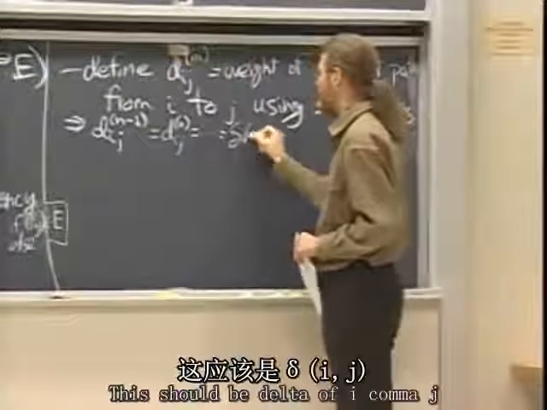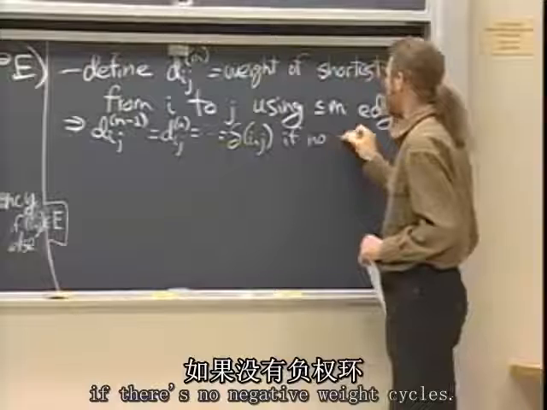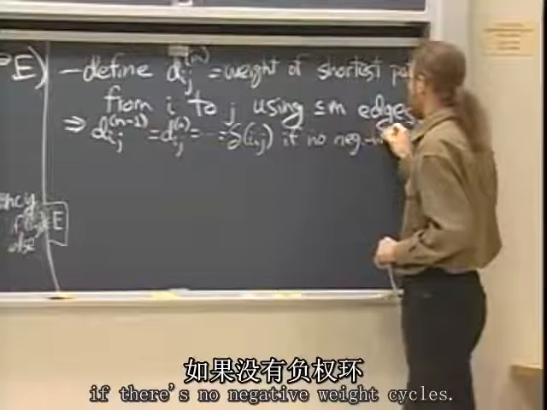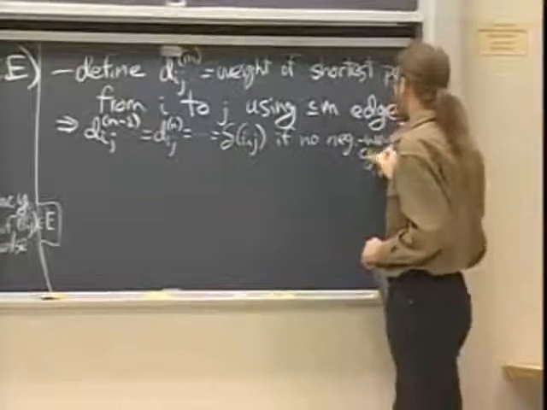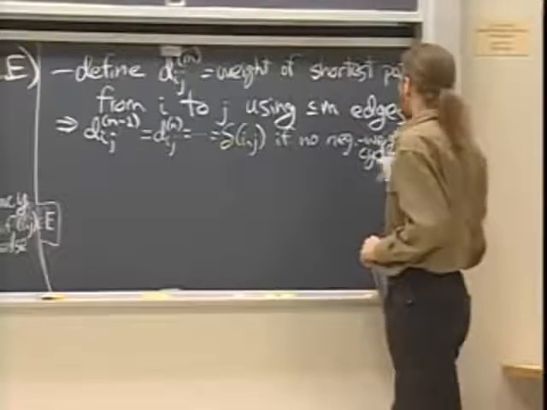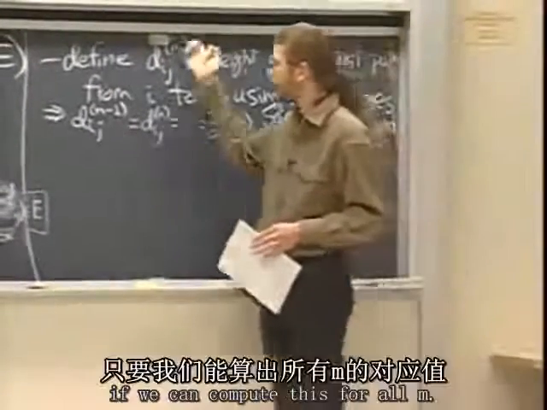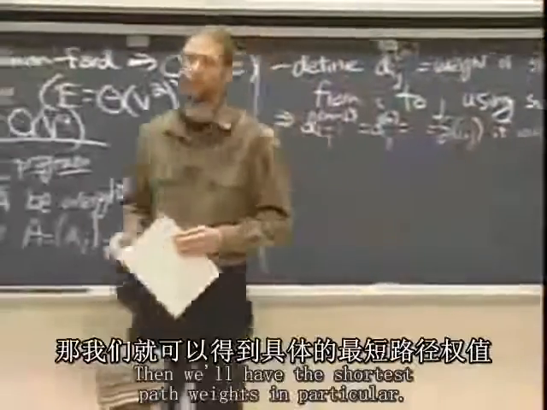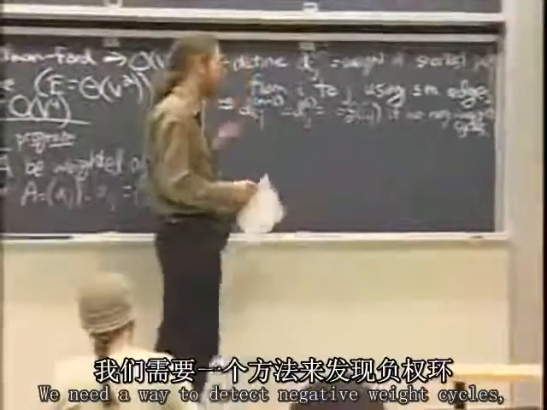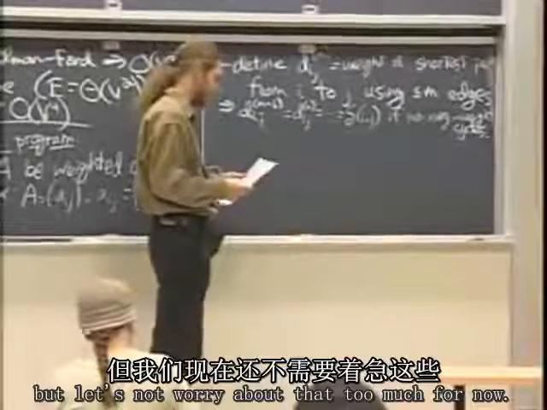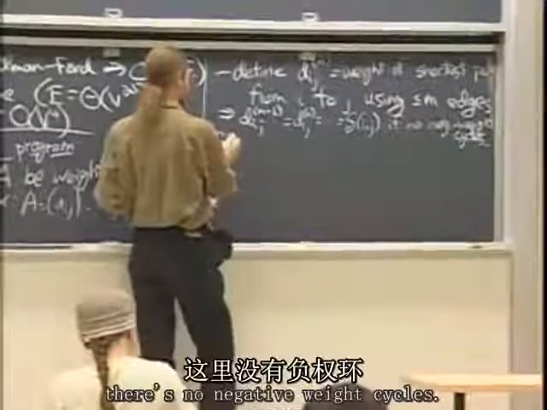This should be delta of i comma j if there's no negative weight cycles. Okay, so this feels good for dynamic programming. This will give us the answer. If we can compute this for all m, then we'll have the shortest path weights in particular. We need a way to detect negative weight cycles, but let's not worry about that too much for now. There are negative weights, but let's just assume for now there's no negative weight cycles.